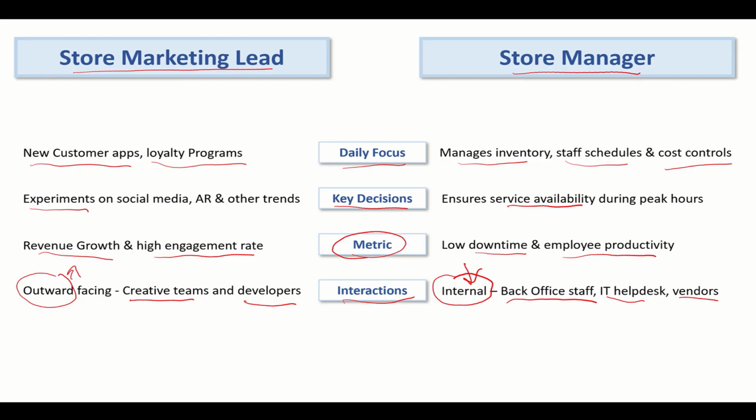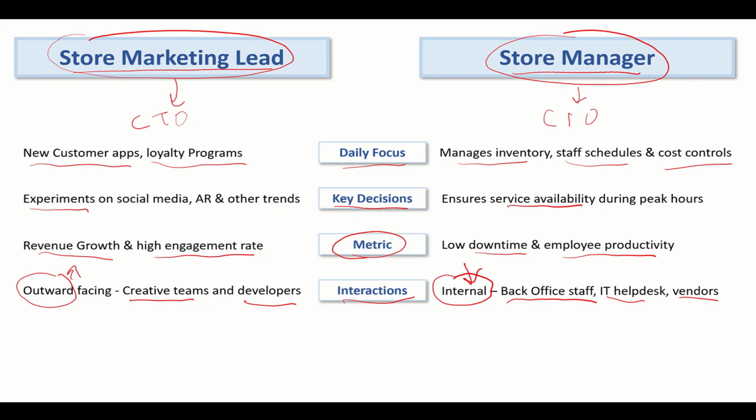So these are the differences between the store marketing lead and the store manager, because the store marketing lead is analogous to how a CTO works, while the store manager is analogous to how a CIO works.